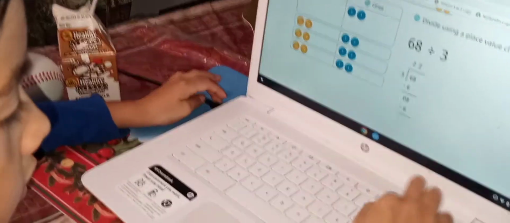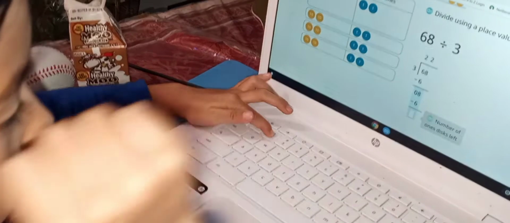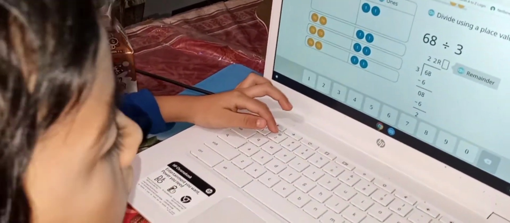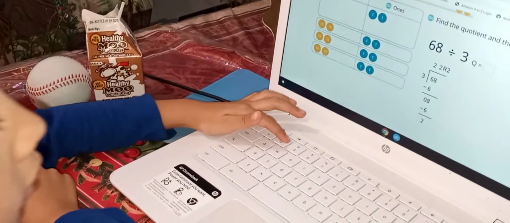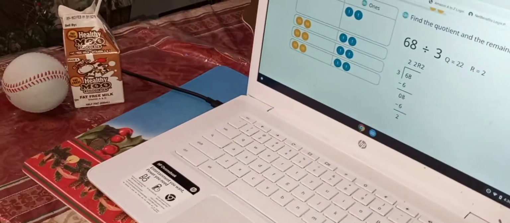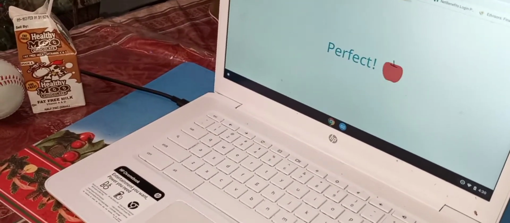The answer is 6. Now you subtract. 8 minus 6 equals 2. And that would be your remainder. The remainder is 2. So the quotient is 22, and the remainder is 2. Very good. Perfect.